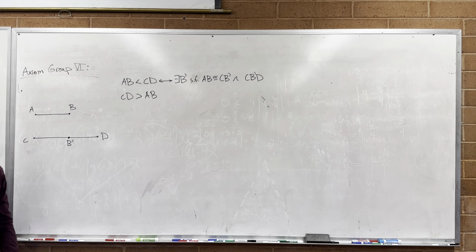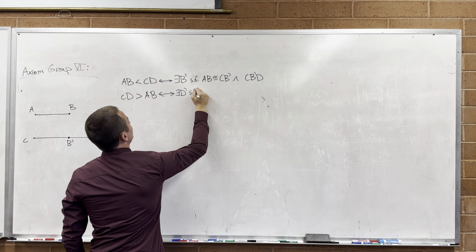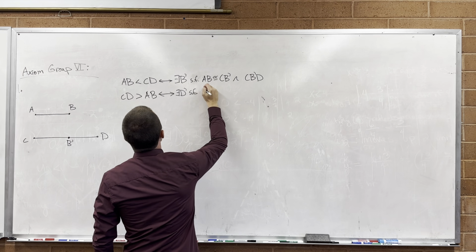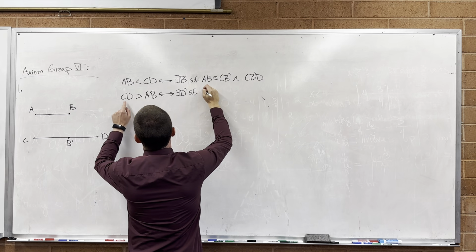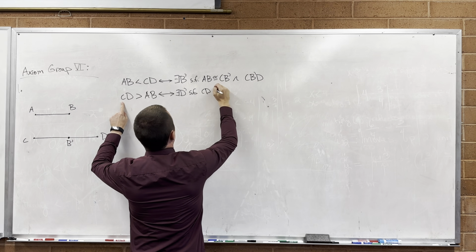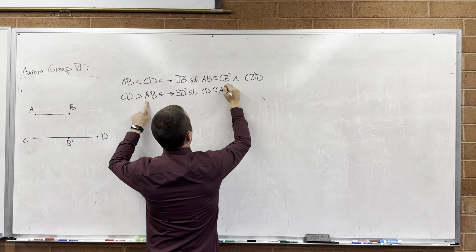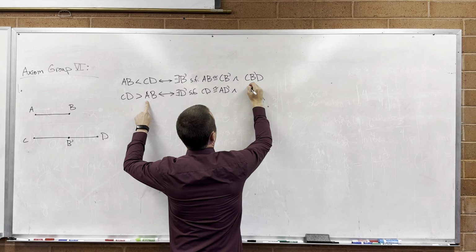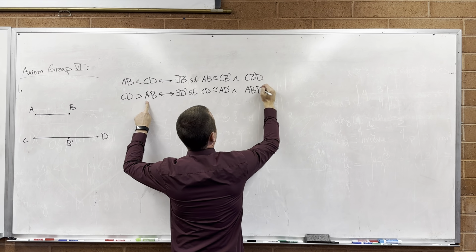Those have different pictures, different definitions. What's the picture for this one? This would be that there exists D prime such that CD is congruent to AD prime, and we have A, B, D prime.